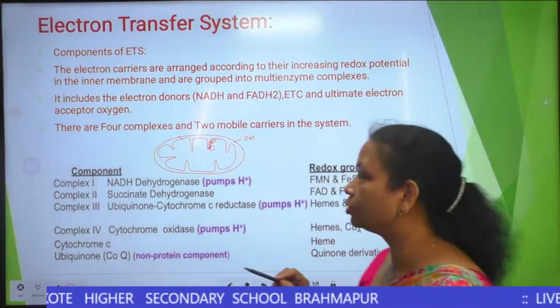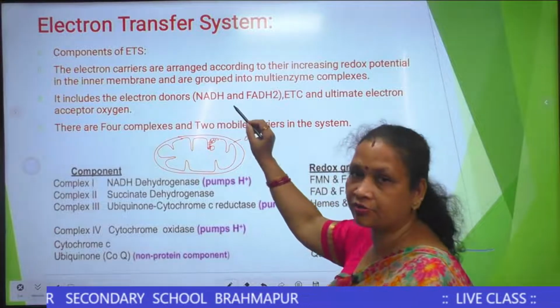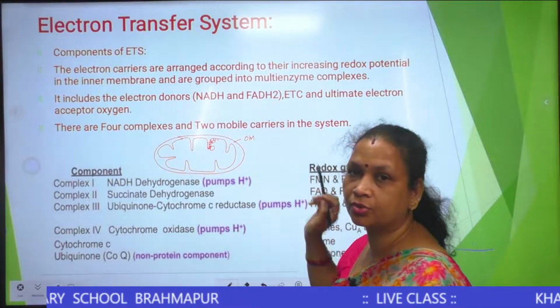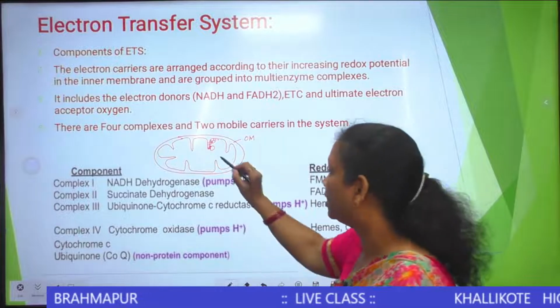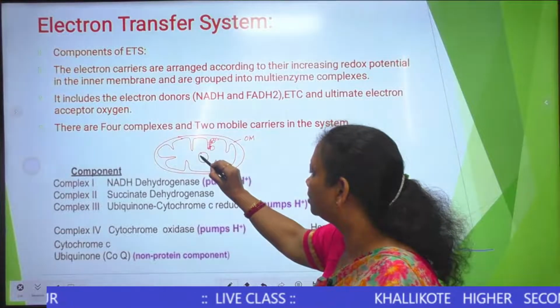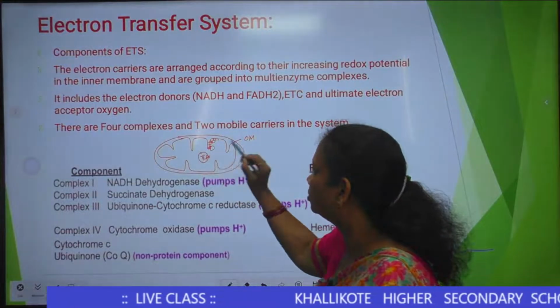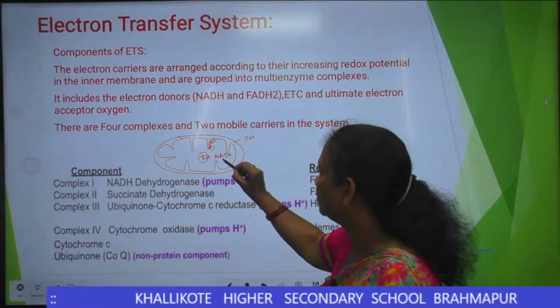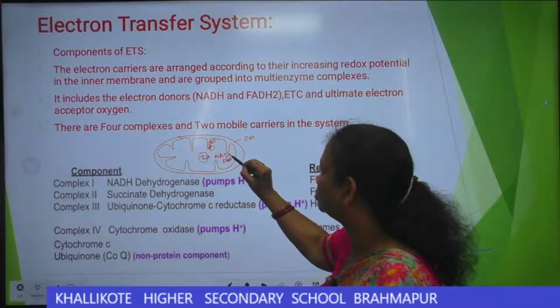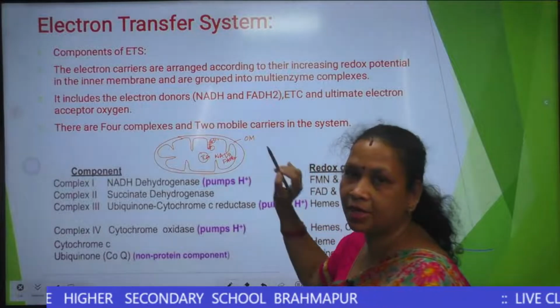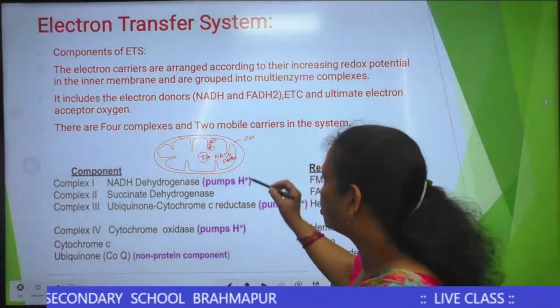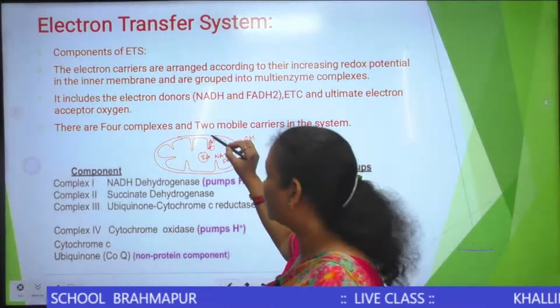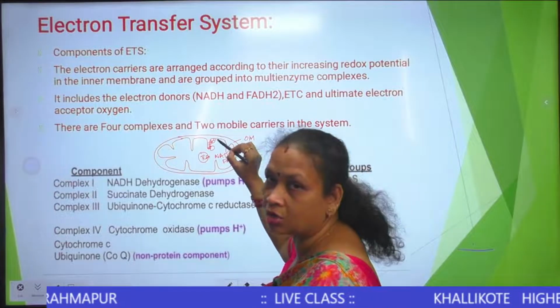These electron donors are molecules of NADH and FADH2 that were produced in the matrix. So, here the TCA cycle continued, we got NADH and FADH2 molecules in the matrix of the mitochondria. So, these molecules will act as the electron donors.